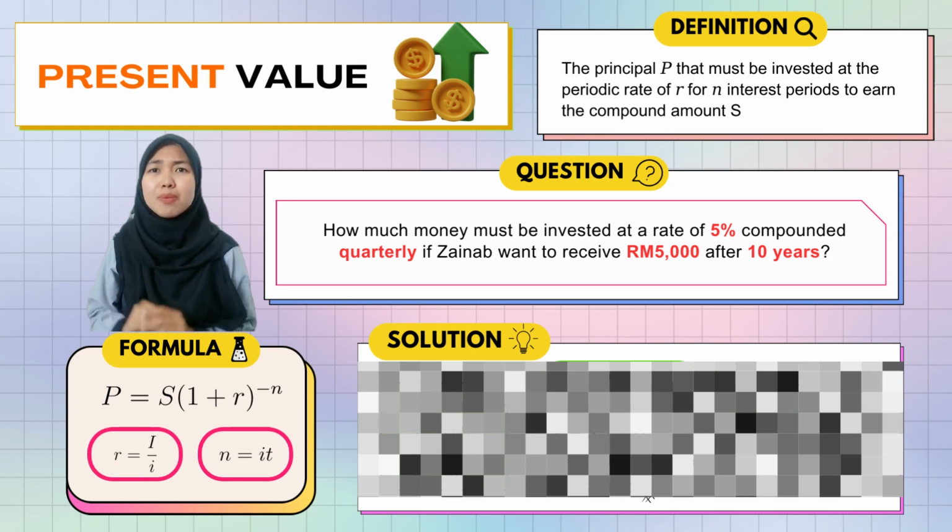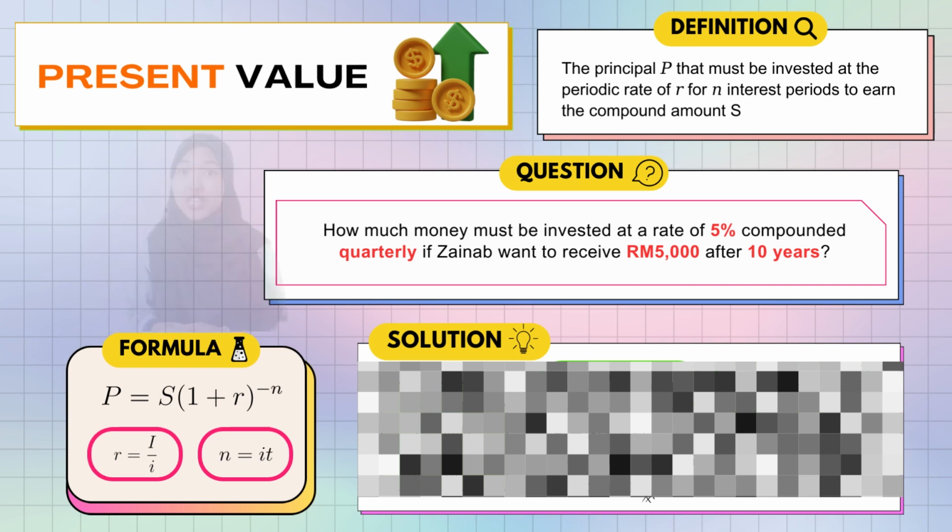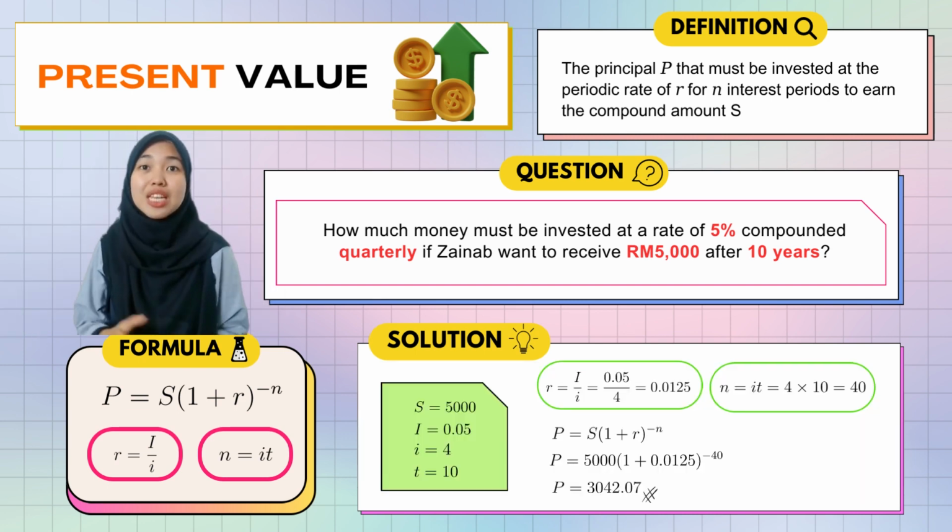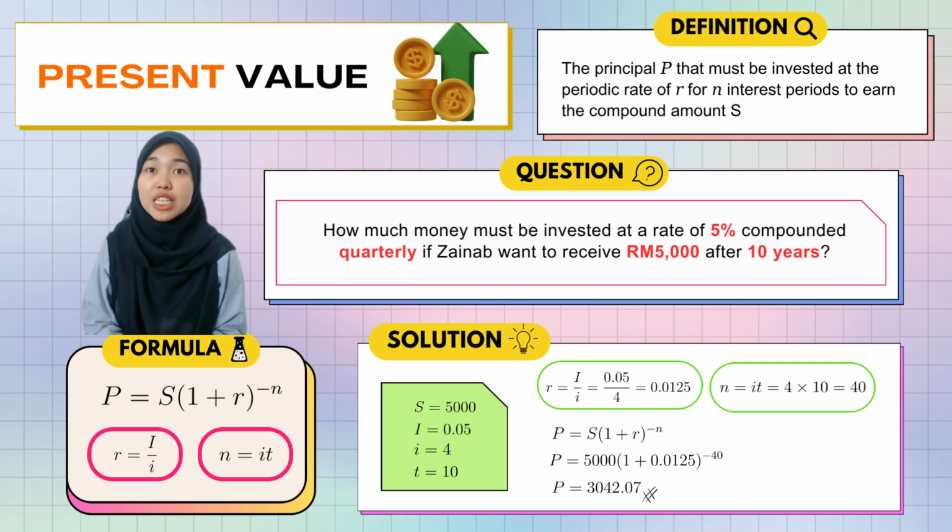How much money must be invested at a rate of 5% compounded quarterly if Zainab wants to receive RM 5,000 after 10 years? For this question, we need to find P. Let's see what we can replace into the formula.